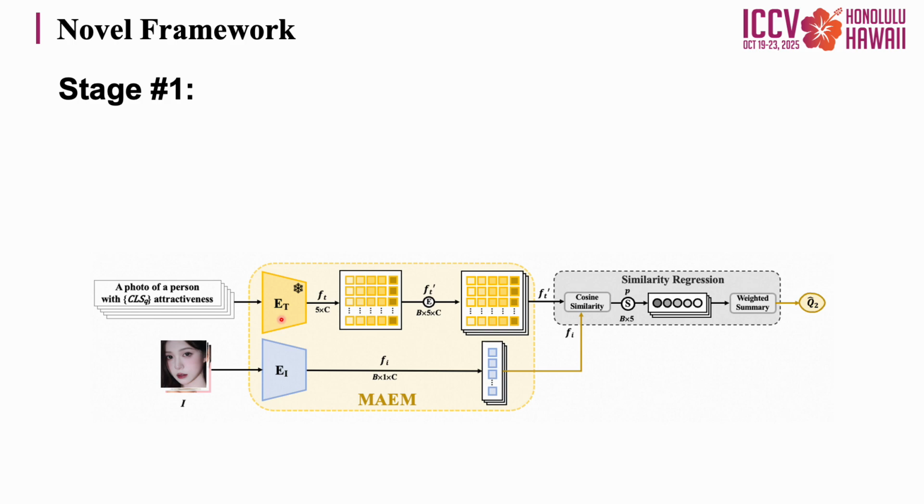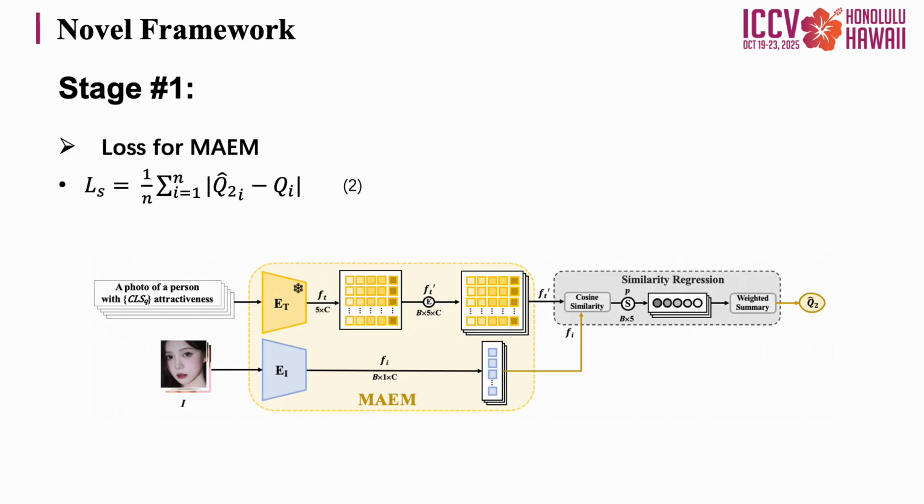It receives the image I and progressive texts, leverages visual embeddings FI and textual embeddings FT, and obtains another preliminary score Q2 through a similarity regression operation. The loss function of MAEM consists of 3 components. The first part is LS, which is a simple L1 loss.